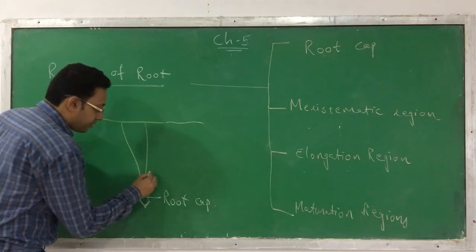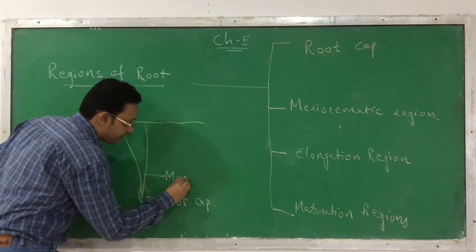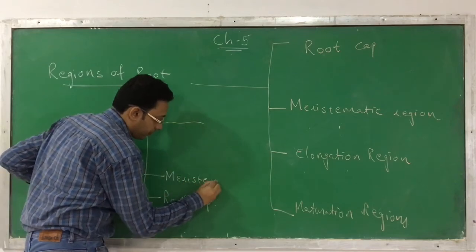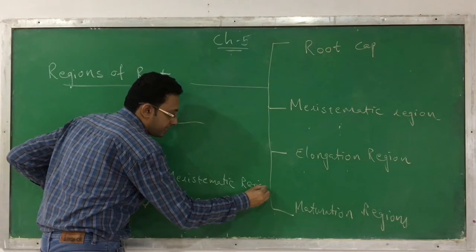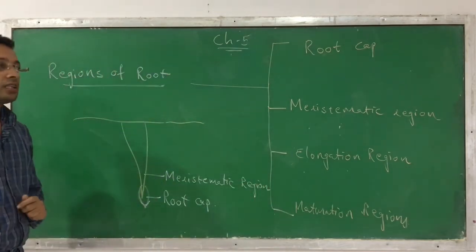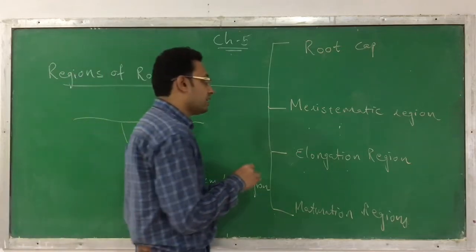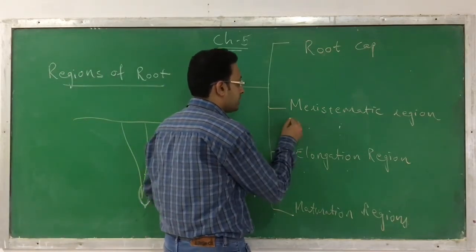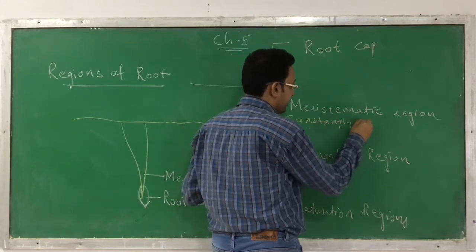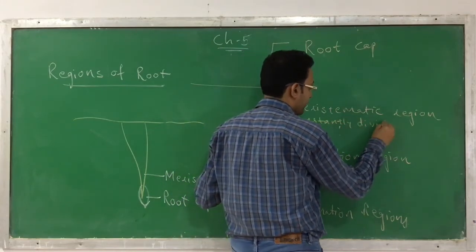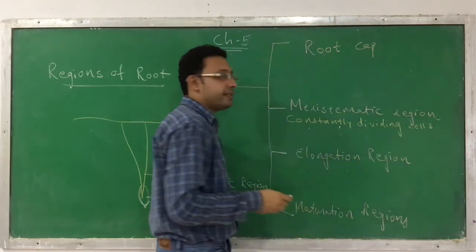The second part is called the meristematic region. The cells of these meristematic regions are constantly dividing cells.